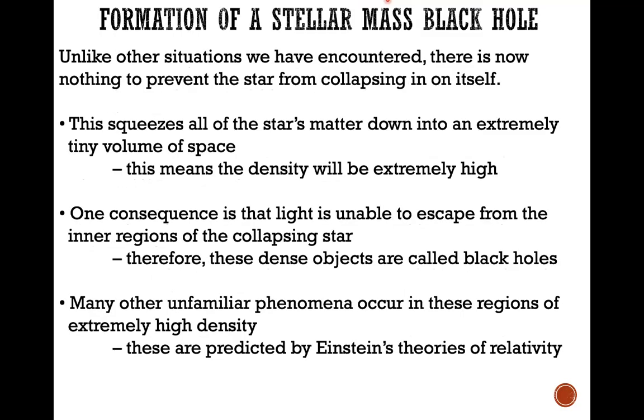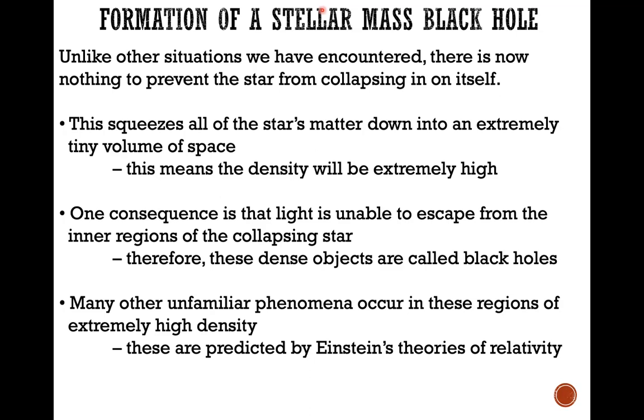In all the situations that we talked about up to now, there was something at the center that could hold it, step by step. Remember, the white dwarf's gravitational collapse is halted by the electron degenerate pressure, which means it will stop at some particular point. And for the neutron stars, neutron degenerate pressure will stop the gravitational collapse, and then all this material will be bounced back after that.